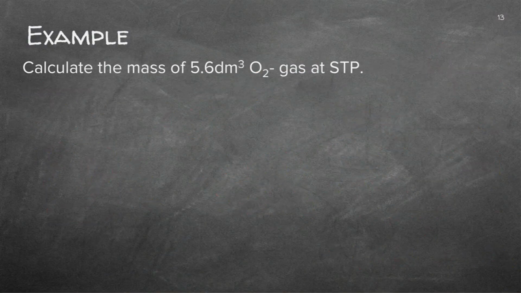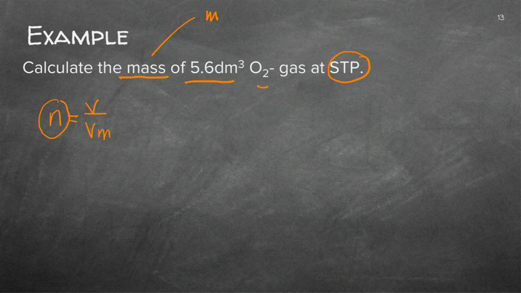Let's do another example. Calculate the mass, M, of 5.6 cubic decimeters of oxygen gas, and they're giving me the clue at STP. So I'm immediately going to go to this equation to firstly get the mole. I've got 5.6, and luckily it's already in cubic decimeters.